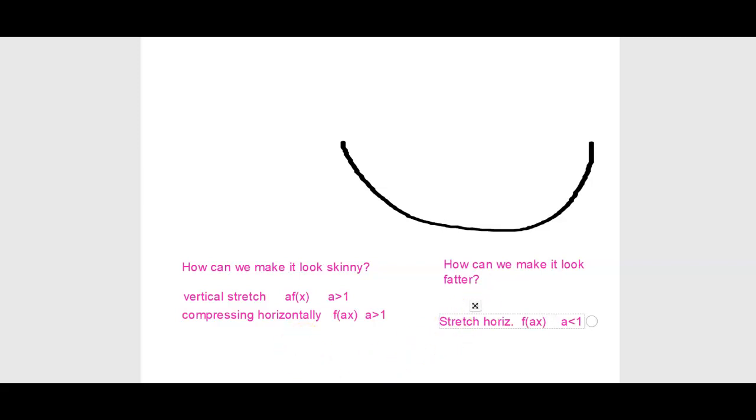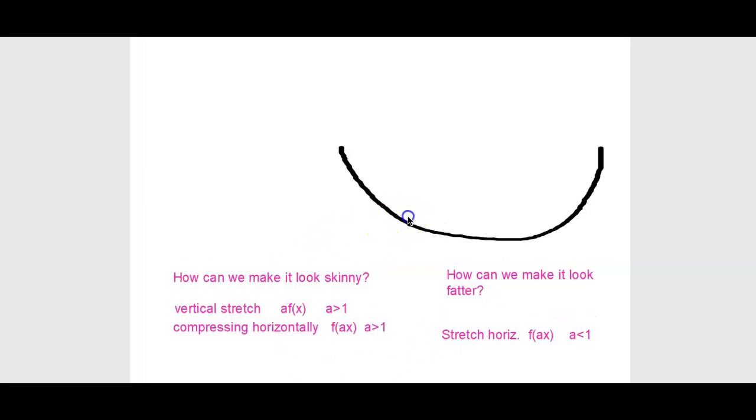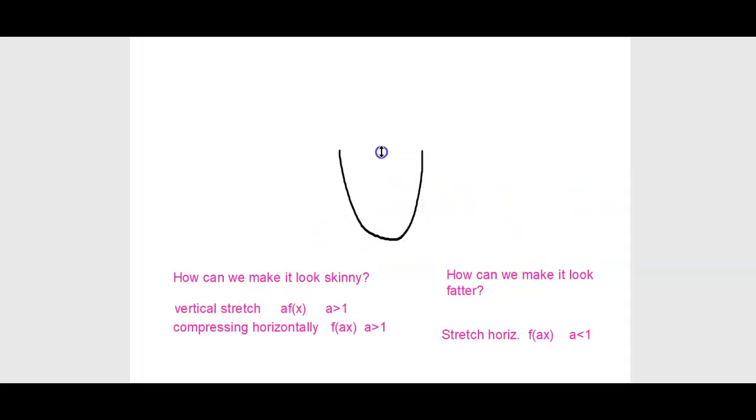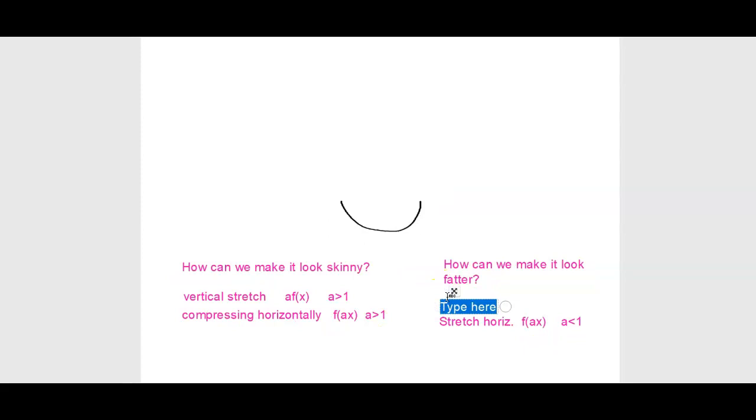Okay. Another way that we can make it look fatter is, if starting from here, is if you were to smash it vertically or compress it vertically. And that's where you are multiplying a number by the outside, and that number is less than 1.